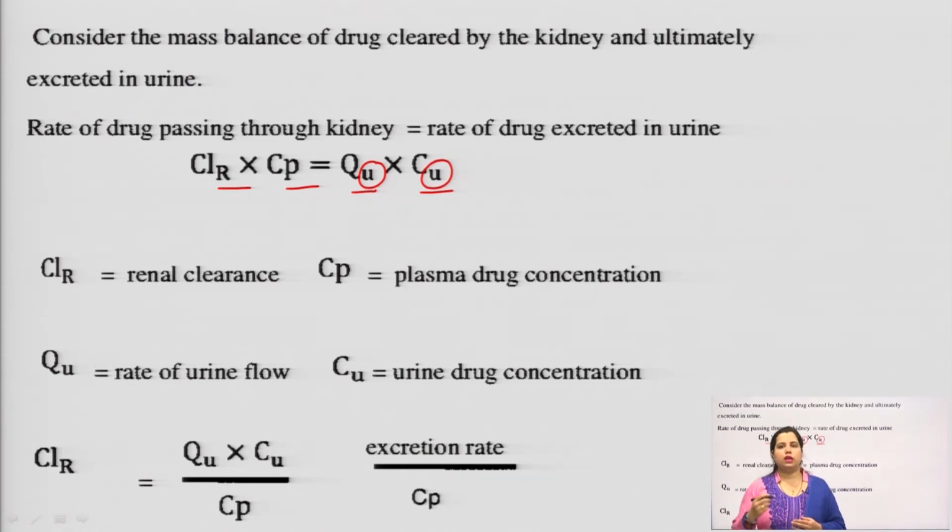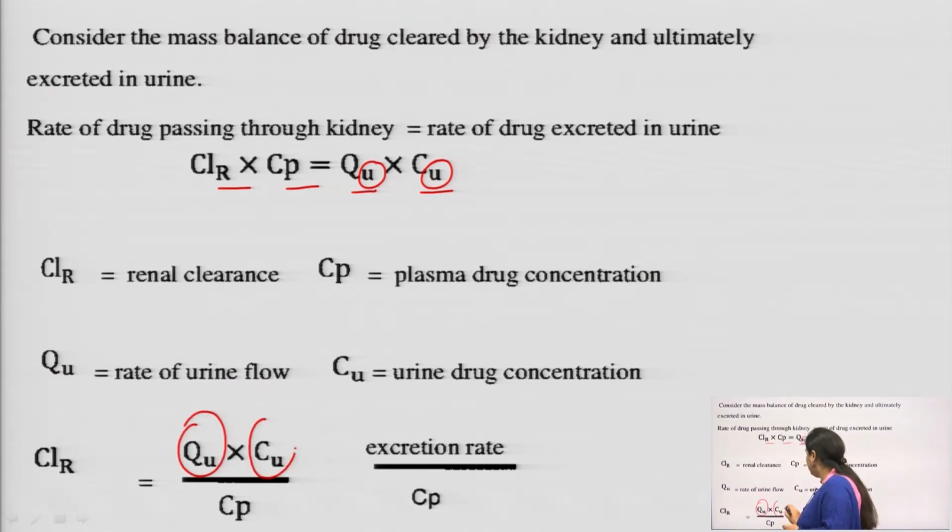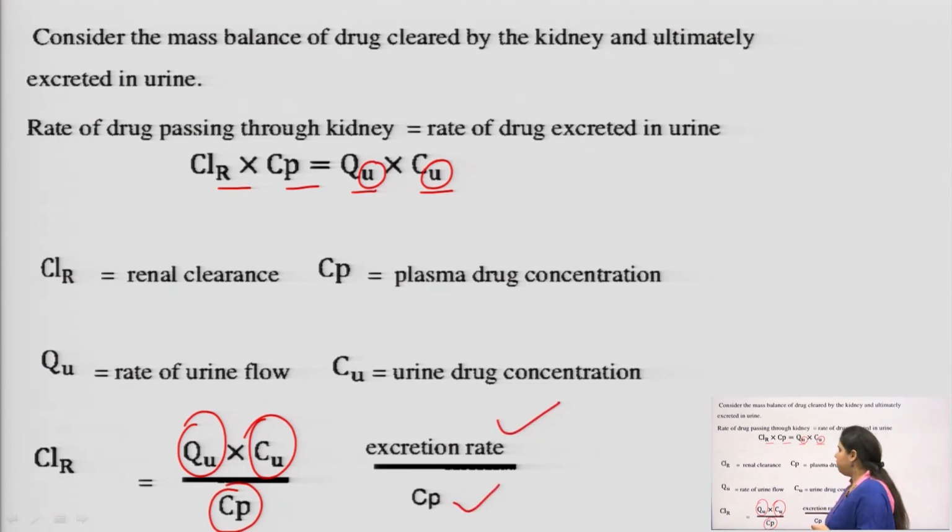CLR is renal clearance, Cp plasma drug concentration, Qu rate of urine flow, Cu urine drug concentration. So, CLR will be Qu Cu divided by Cp. Qu Cu represents the excretion rate, whereas Cp is the plasma drug concentration.